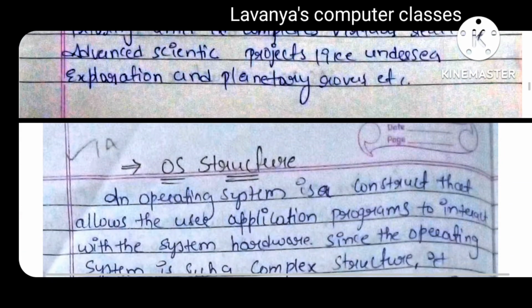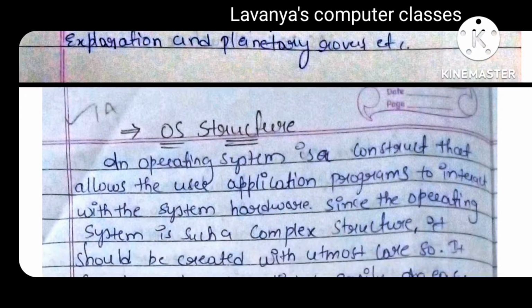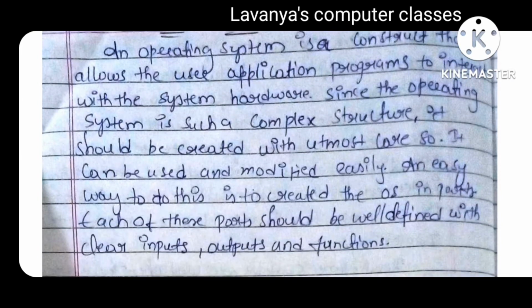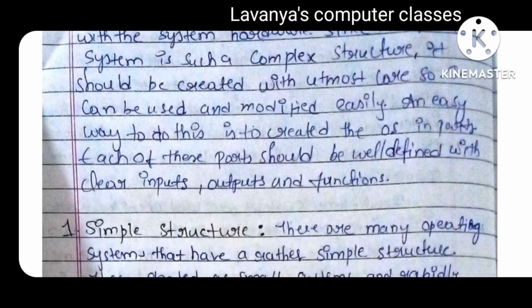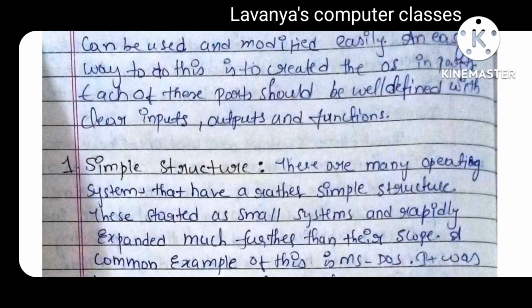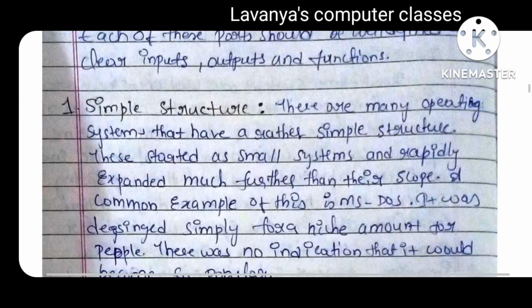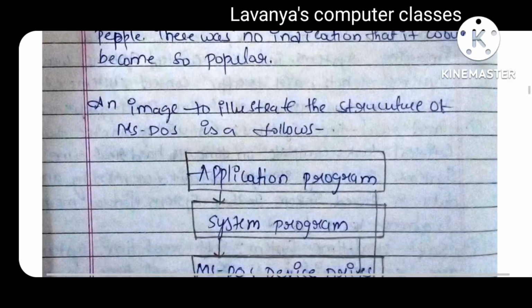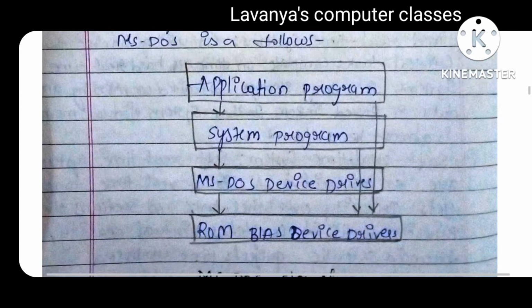Then this is the structure of OS. Simple structure of OS. Here this is the structure of OS.